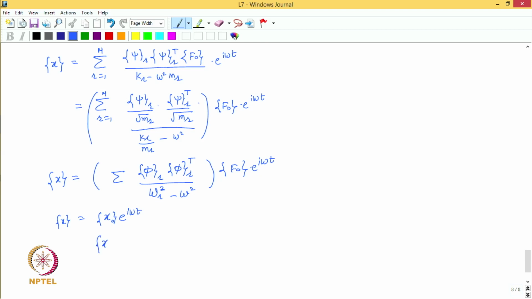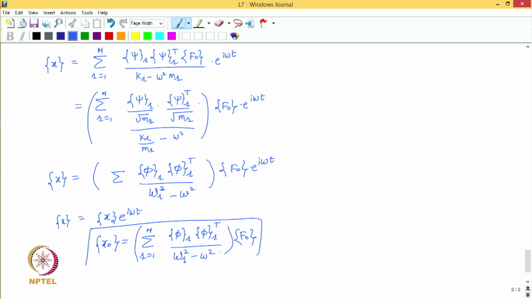So, therefore, we get x naught from here, which is the summation of the product of phi r transpose divided by omega r square minus omega square, with r varying from 1 to n, multiplied by f naught. So, this is nothing but the steady state response amplitude.